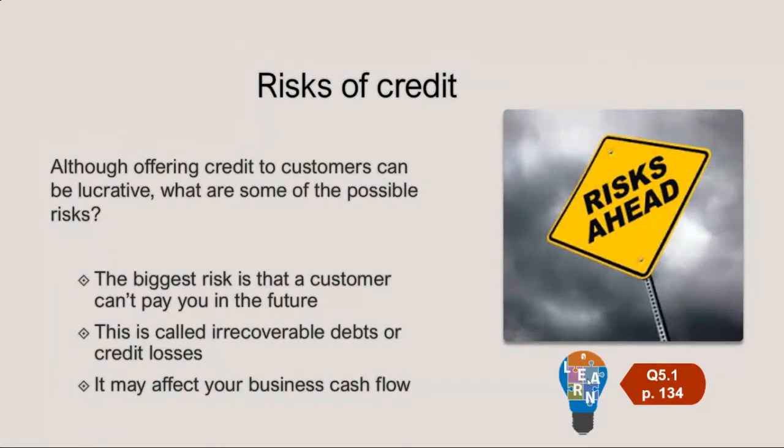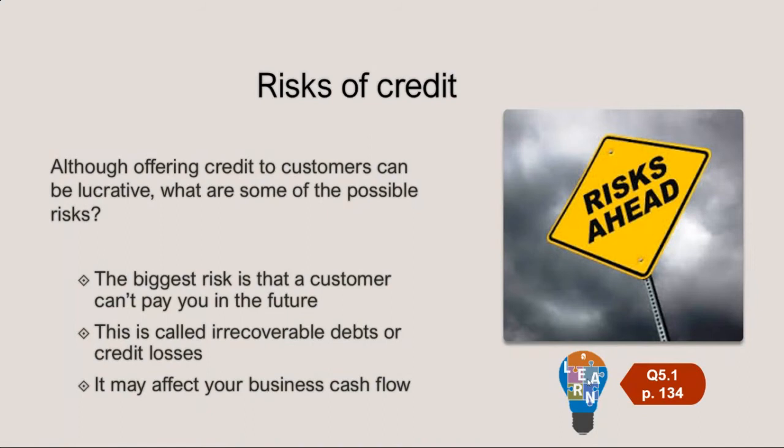But that also means I've got to look at the risk. What is the chances that that person won't be able to repay me in the future? Okay, now that's before I even give them credit. Now, if they do not pay me in the future, so they've got an account of 20,000, but now that person comes back and they're like, sorry, I've lost my job, I don't have money, I can no longer repay this debt.